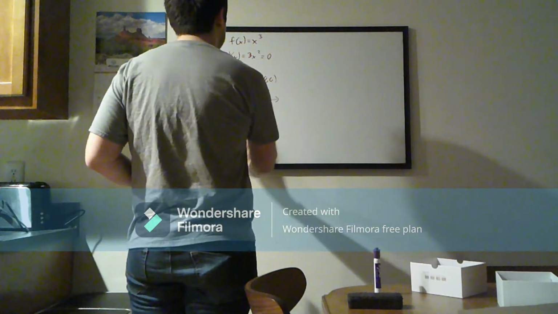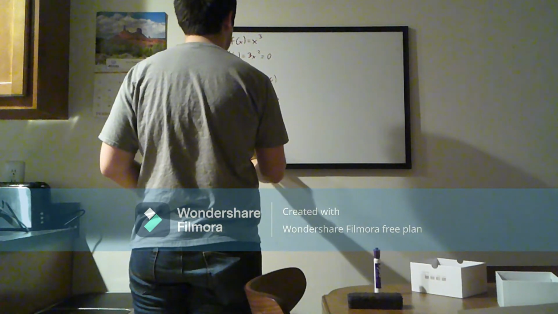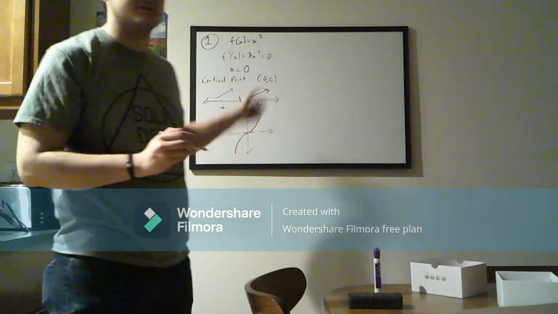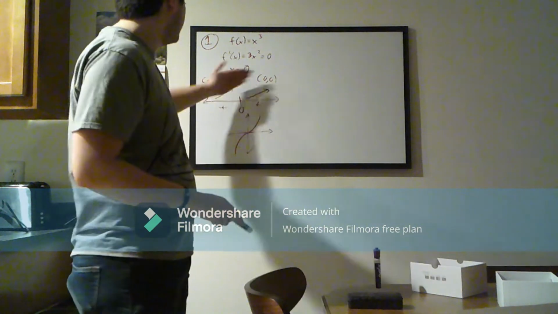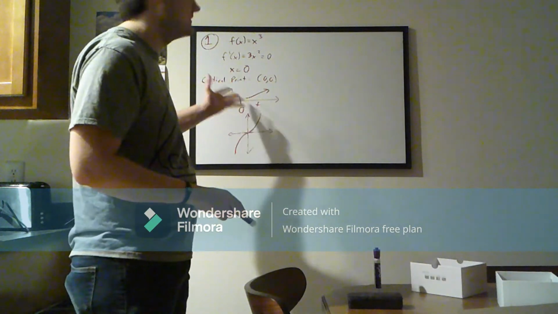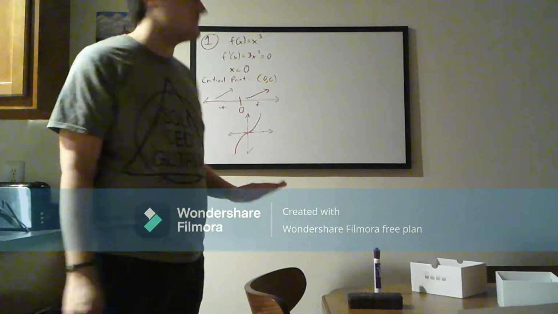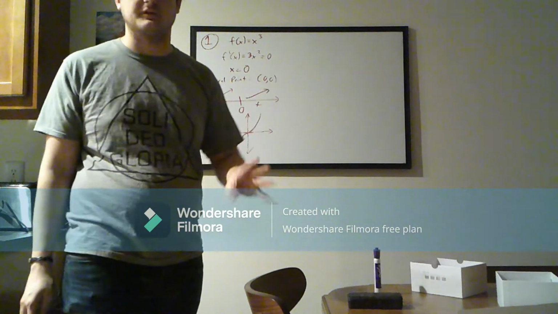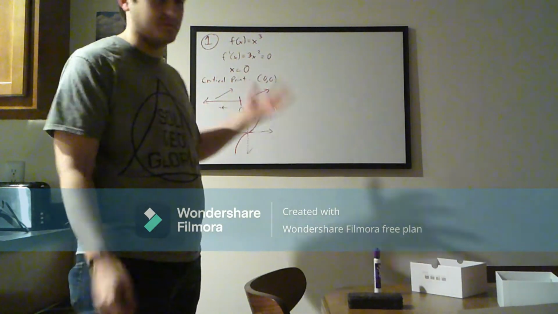The graph of x cubed should always be increasing. It might slow down around 0, but that doesn't mean it starts decreasing or anything, okay? So please keep that in mind. If it's not indicated here that the point is a relative max or a relative min, do not draw it as such, okay? Just kind of pass through it on the way, just acknowledging what you're doing on the left and on the right. Okay, I won't be a stickler on how perfect you make that critical point look.